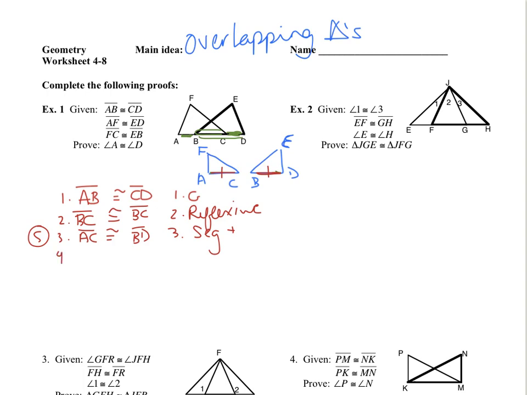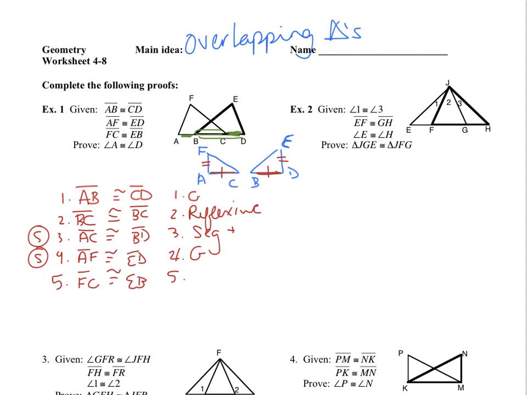Number 4, my next given is AF is congruent to ED, and that was given to me, so I'm going to go ahead and mark that. I put an S there. Number 5, FC is congruent to EB.